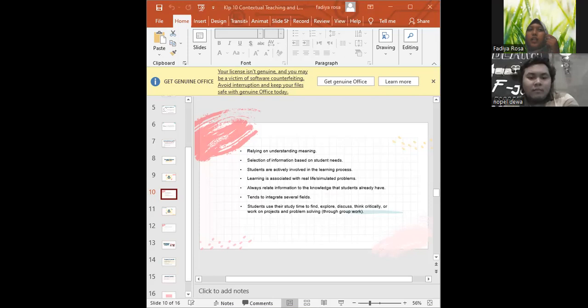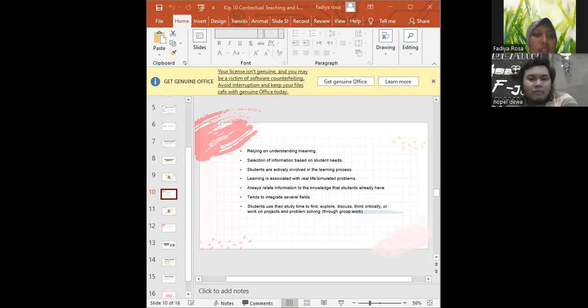The teacher must know the knowledge the student already has, so the student can accept the new knowledge easily and understand it, and can compare it with their past knowledge.